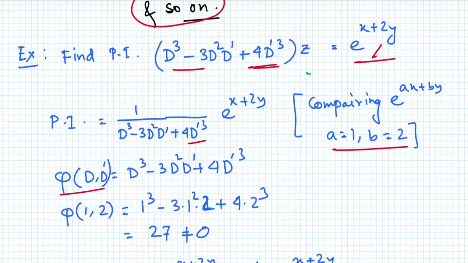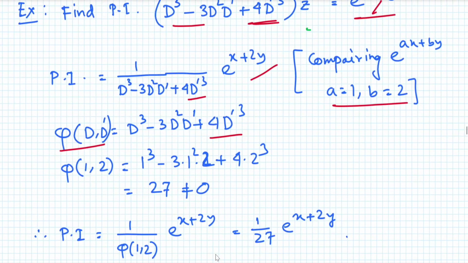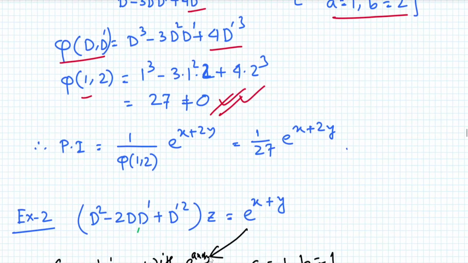This is a function of D and D dash, that is phi(D,D dash), operating on this function. Now we first calculate phi(1,2), that means for a equal to 1 and b equal to 2, we get 27, which is not equal to 0. Therefore, since this term is not equal to 0, the particular integral equals 1 by 27 e to the power x plus 2y.